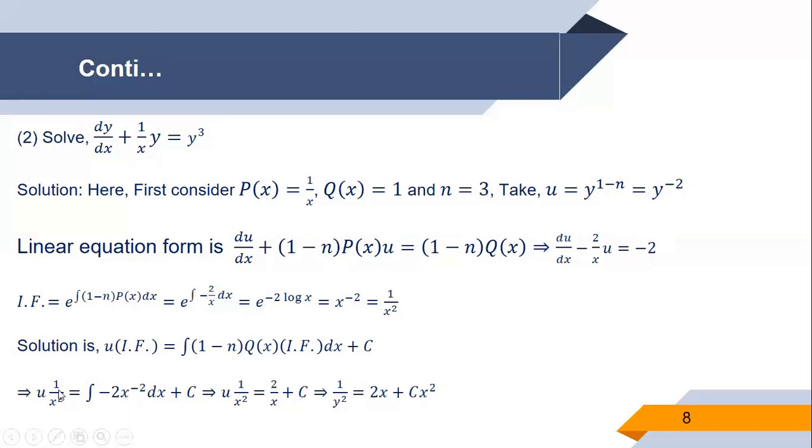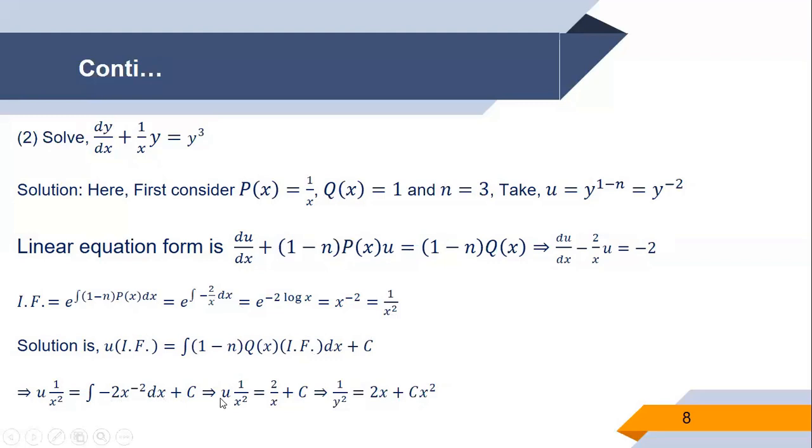So the answer is u into 1 upon x square is equal to integration (1 minus n), that means 1 minus 3, that means minus 2, q of x is 1 into integrating factor 1 upon x square. We write x raised to minus 2 dx plus c.